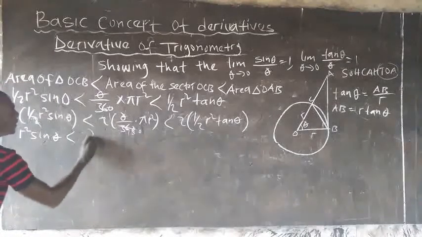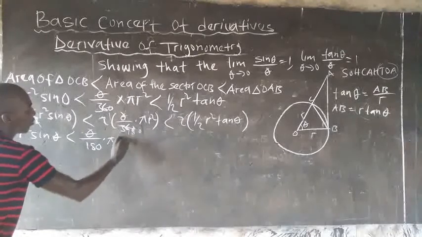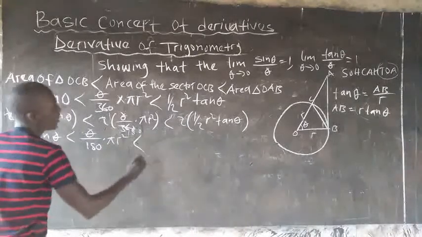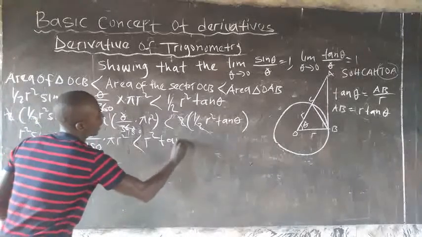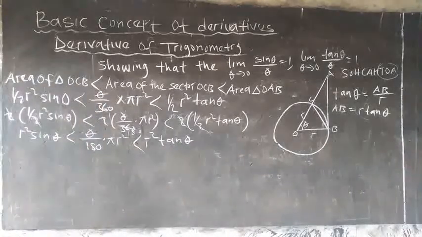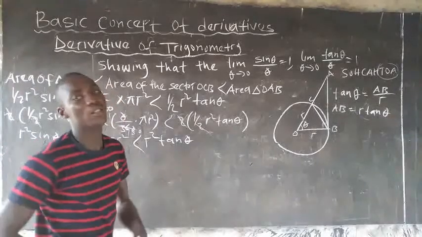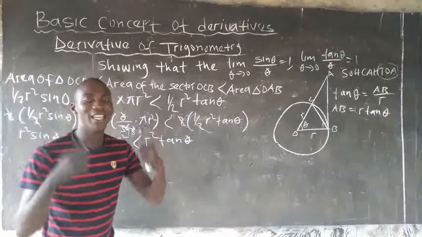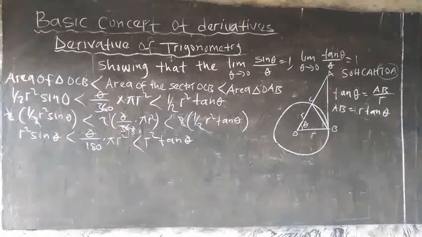So which will be theta all over 180 by r squared, less than 2, we cancel 2, then I'll be left with r squared tan theta. So here, don't forget that your pi is always taken as 180. So if pi is taken as 180, it means that pi will cancel out 180.